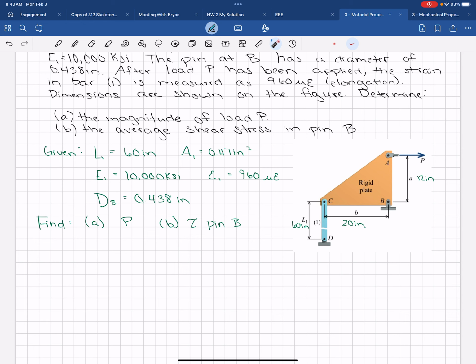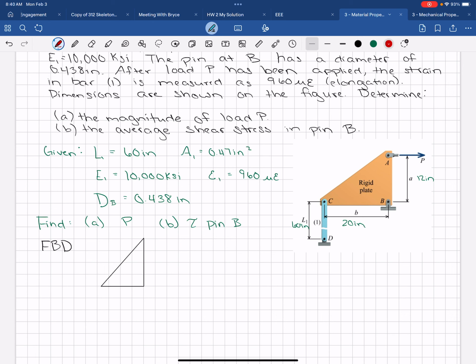So if we draw a free body diagram just to orient ourselves a bit on what we know and what we don't know. Since this is a rigid plate, that's going to be what we draw our free body diagram of.